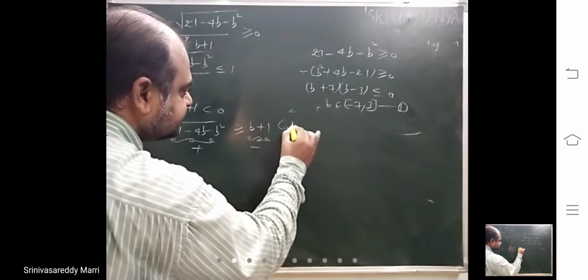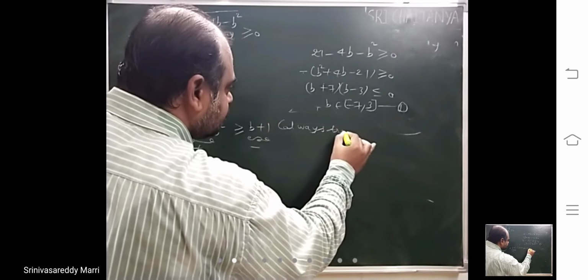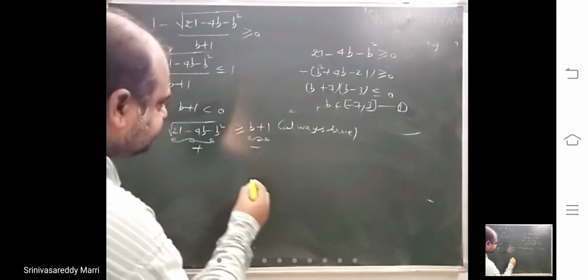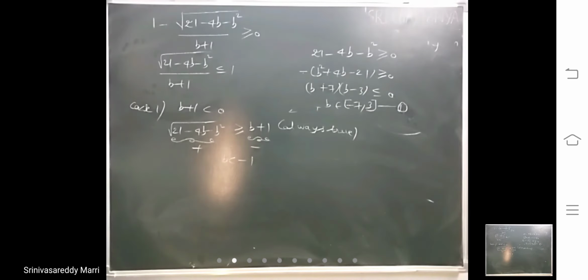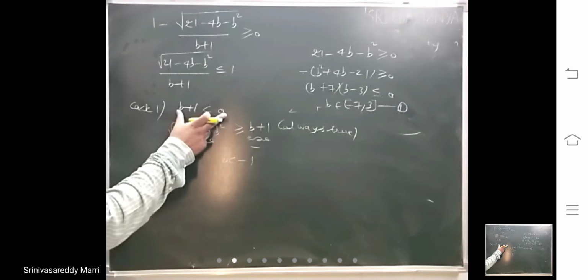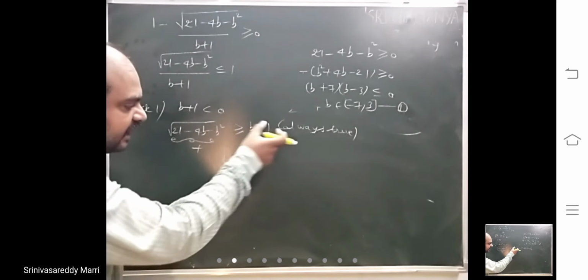So that means this is always true. That means in this case, solution what you will get? b less than minus 1. You take any value of b less than minus 1, this is positive quantity, this is negative quantity. It is always true. No?